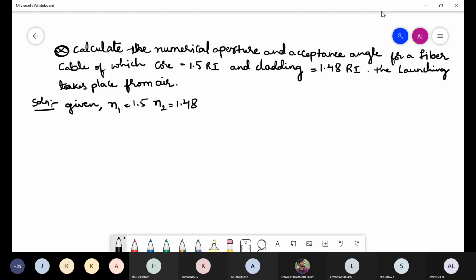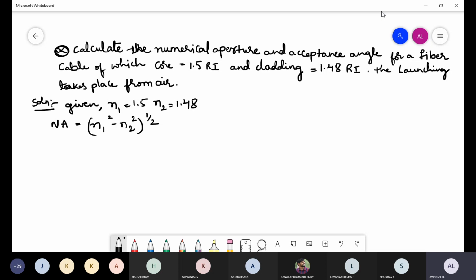Now the formula we know. Can anyone tell me what is the formula? The numerical aperture is given by (N1 square minus N2 square) to the power of 1 by 2. So this is the formula.